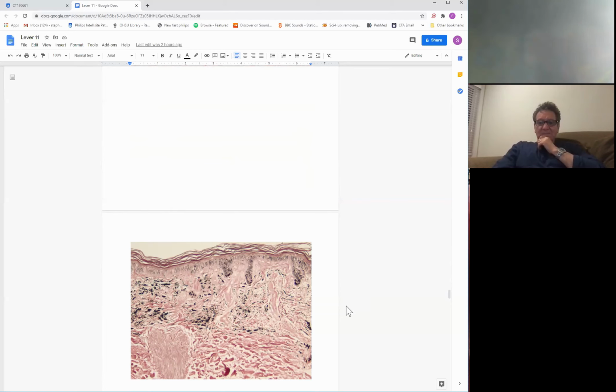So overlapping staining with Perls iron and Fontana-Masson is not specific for minocycline. It can be seen with a wide variety of drugs that can deposit their pigments in the skin, but it's very characteristic of a non-physiologic pigment.